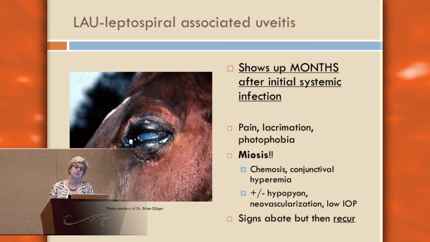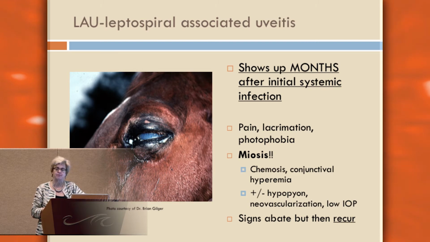This disease is really strange because the horse gets over the initial infection really quickly, like within a week probably. And then months later, there's a hot eye, just overnight. And you get all those signs I just talked about, including miosis.